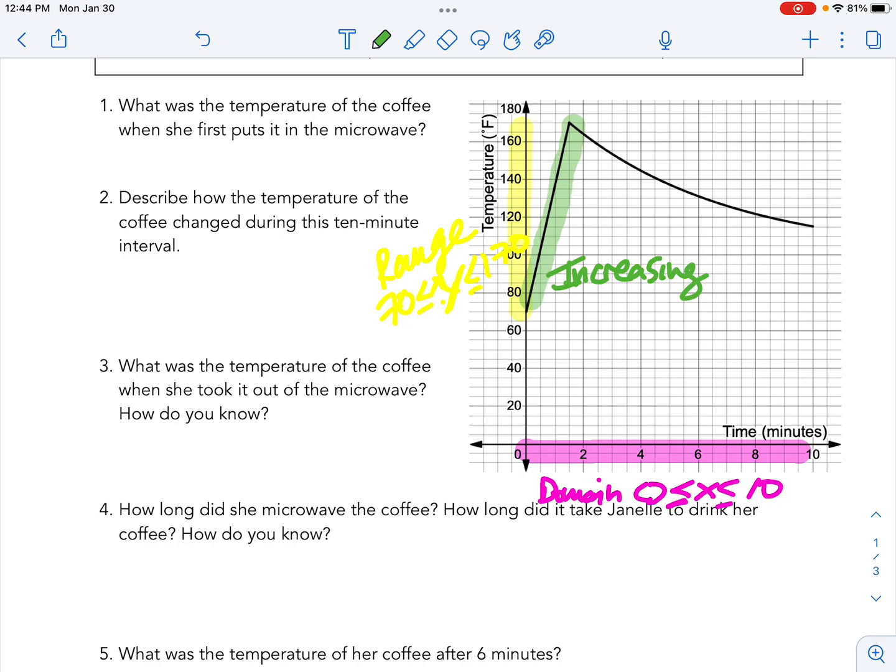Now that increasing isn't happening the full location of the domain. That increasing is only happening from x values. Looks like it's starting at 0, and it works its way all the way to an x value of, I'm going to go ahead and guess, 1.75.